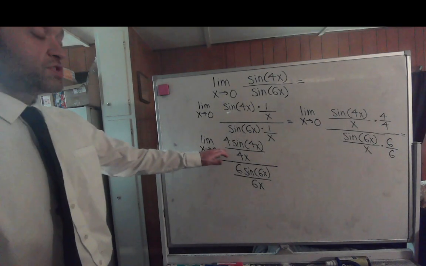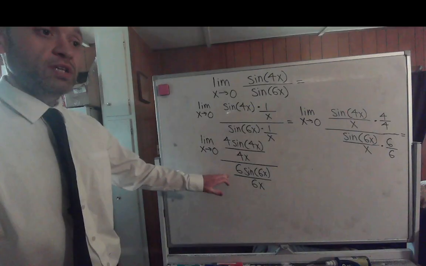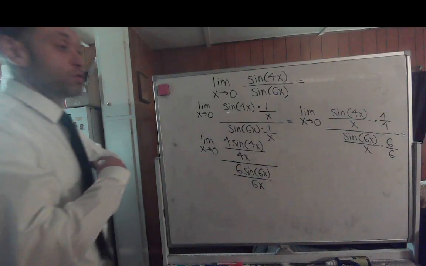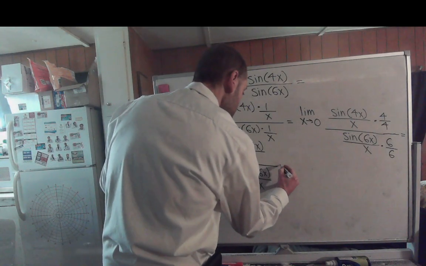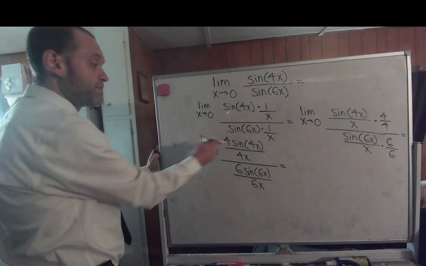Remember, the limit of two quotients is equal to the quotient of the two limits. And plus, we can apply the constant multiple rule. So let's do that. If we just take the limit of the numerator, we can definitely move that 4 out front.